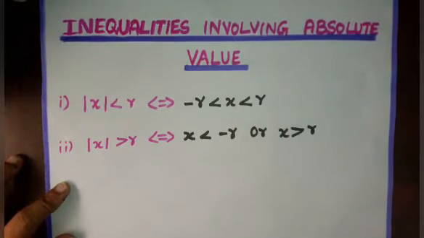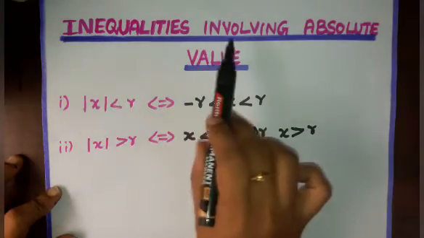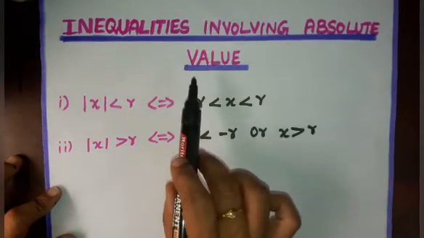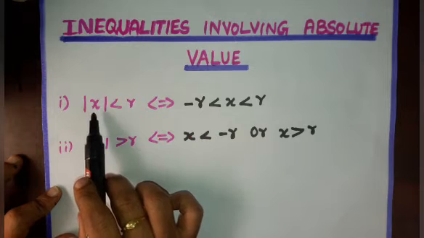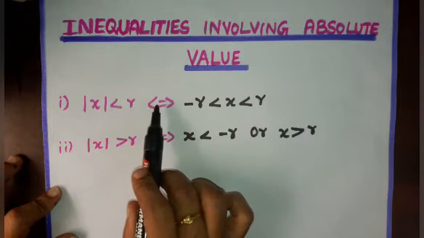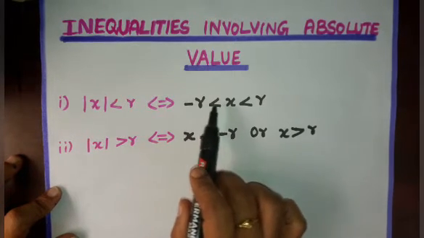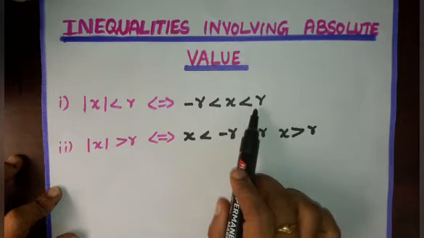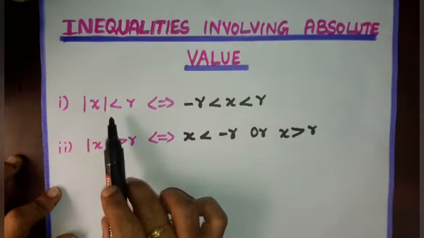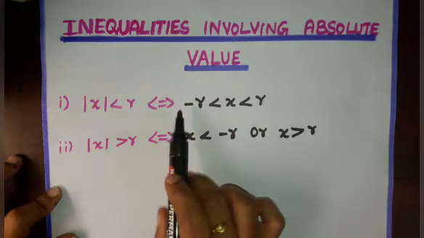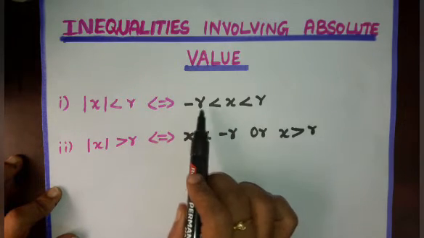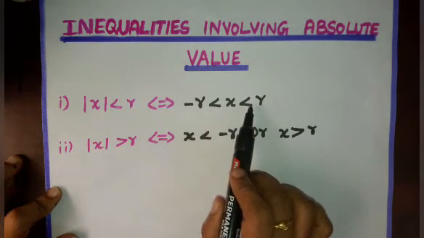Another important thing: inequalities involving absolute value. Case 1: modulus of x less than r if and only if minus r less than x less than r. Modulus of x less than r means x must lie between minus r and plus r.